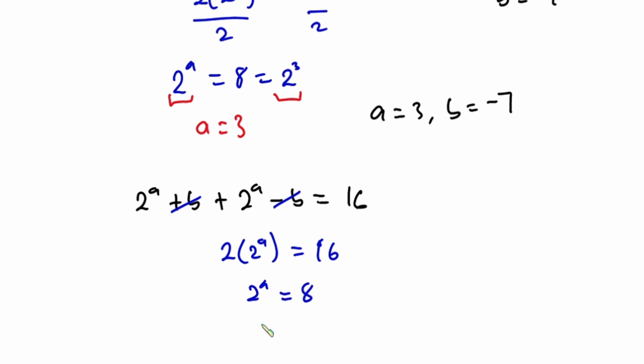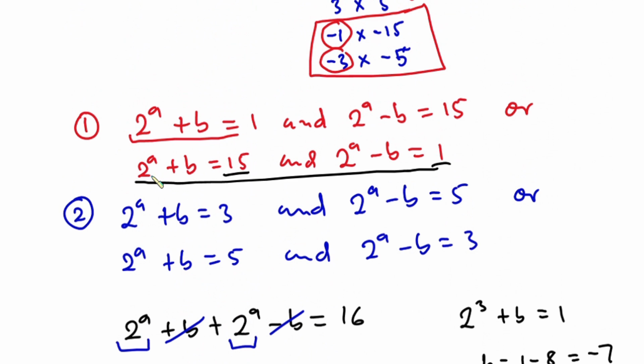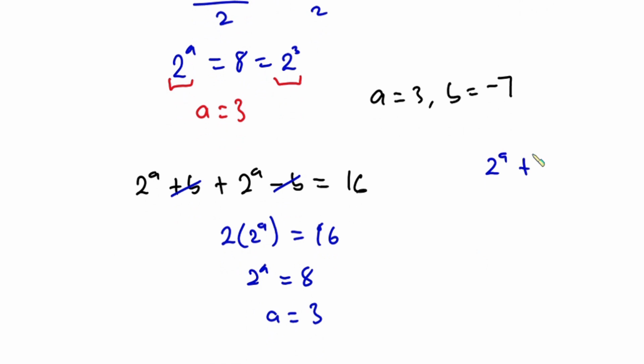And just like we did before, a is equal to 3, right? Now let's put a equals 3 into any of the equations. I'm going for this first one. So we have 2 to the power a plus b is equal to 15. So when a is 3, we have 2 to the power 3 plus b is equal to 15.